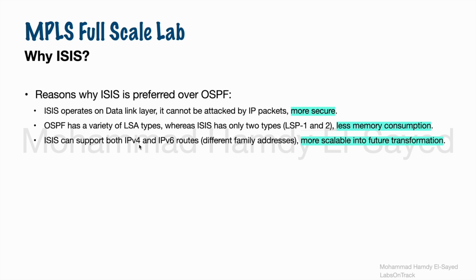For IPv4 we have OSPF version 2, and for IPv6 we have OSPF version 3. They are separate and different routing protocols, but with ISIS it's only one protocol used for both of them. So it's better for migration and transformation from IPv4 to IPv6, and also we can use both of them.